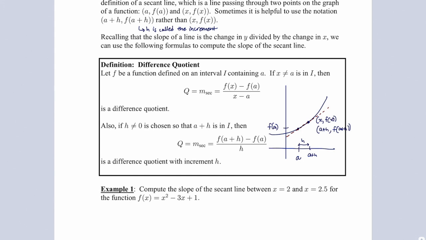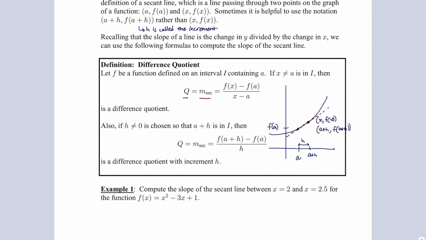That slope of that secant line is called the difference quotient, right? So we'll sometimes use q to represent it, or sometimes we'll use m sub sec to talk about the slope. That's what we usually use m for, and the subscript secant line reminds us this is the slope of the secant line connecting 2 points.